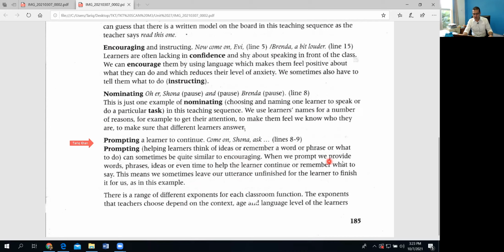When we prompt, we provide words, phrases, ideas, or even time to help the learners continue or remember what to say. This means we sometimes leave our utterance unfinished for the learners to finish it for us, as in this example.